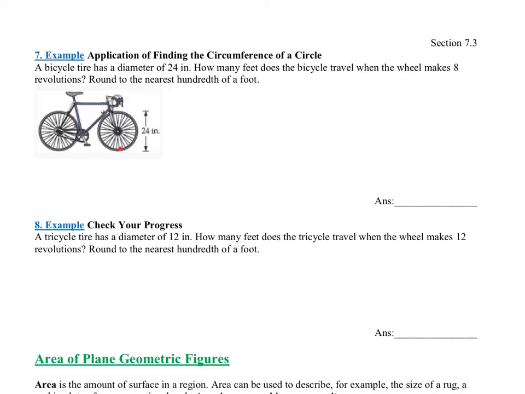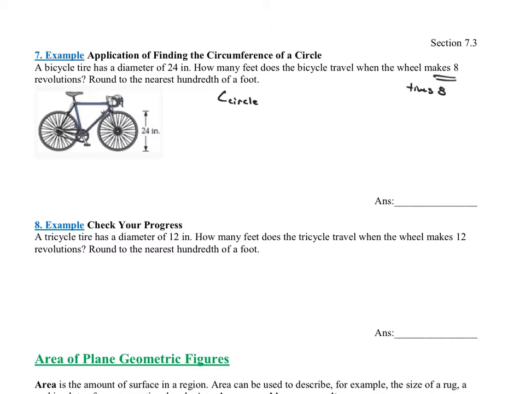When you ride that bicycle, each revolution is a circumference. Well, this is telling us we're making 8 revolutions. So what we need to do is find the circumference of the circle, and then we need to multiply it times 8. Okay, so whatever we get for this circumference of the circle, we need to multiply it times 8.